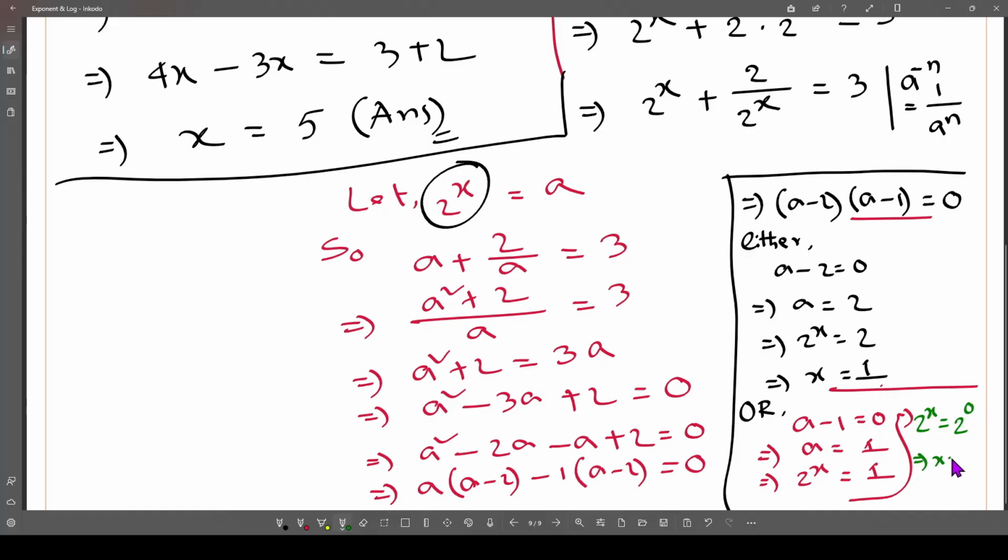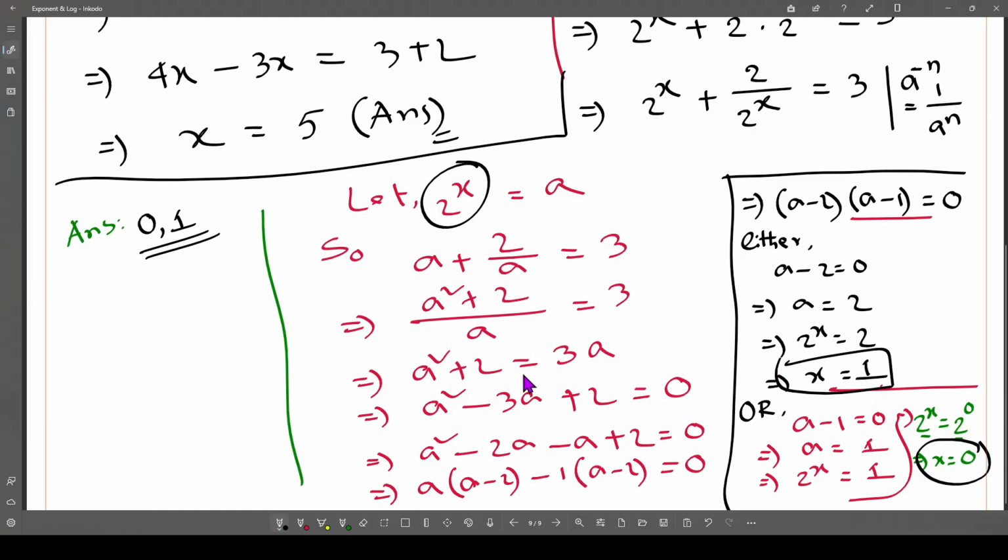So x equals 0, because the bases are the same. So we can say the answer is 0 and 1. Because here we already get x equals 0, and here x equals 1. So two answers, which are 0 and 1.